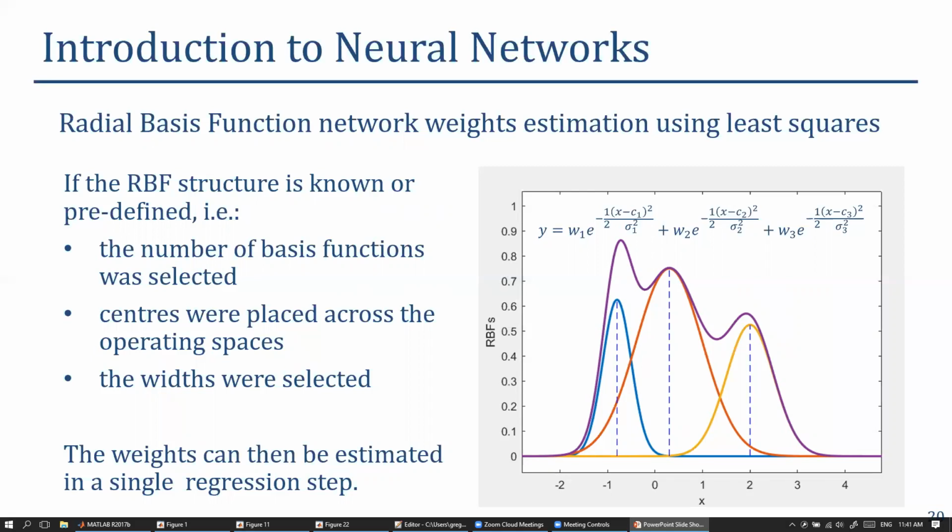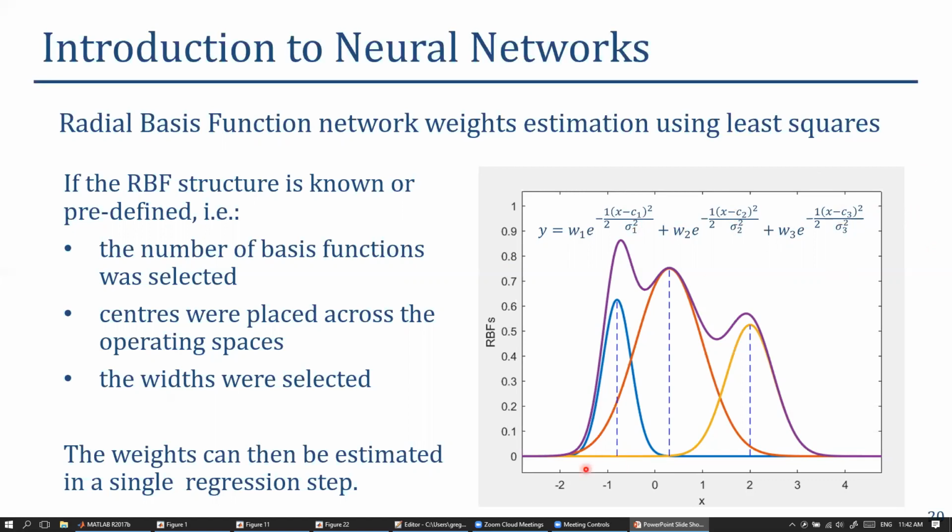And if you take a look at the neural network equation, for the 3 neurons we see we have one weight here, one weight here, and one weight here, right? And we have the centers and the sigmas, centers and the sigmas, centers and the sigmas. So now what we can do is fix the centers.